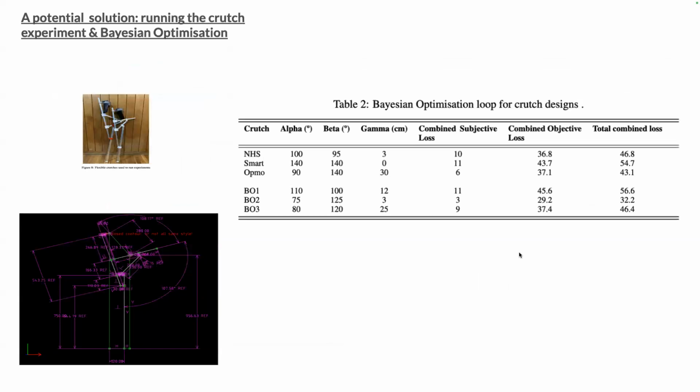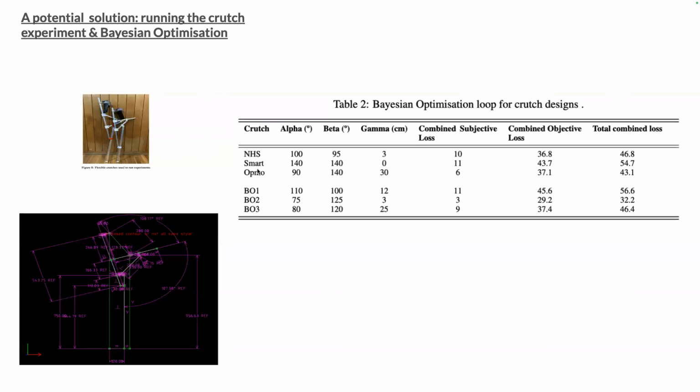Okay, so let's have a look at some results. This is one of the various Bayesian optimization loops that we ran. And we start the user with 3 initial points: the NHS crutch, a smart crutch, which is one of the alternatives on the market, and the Opmo crutch.